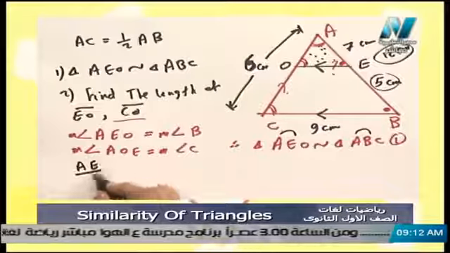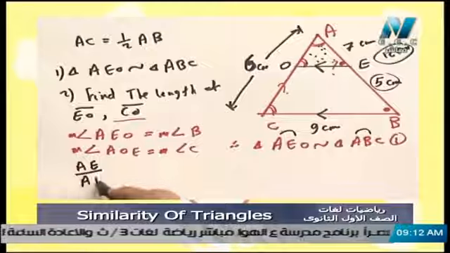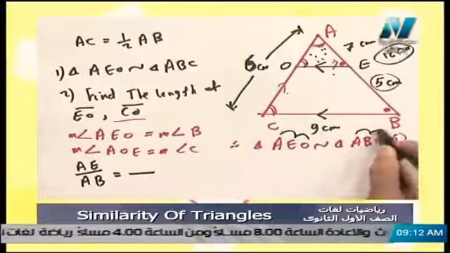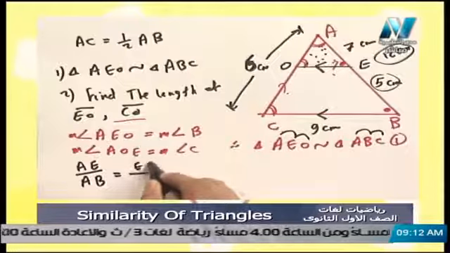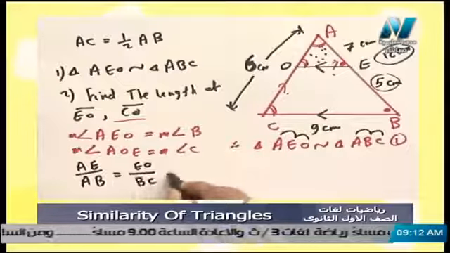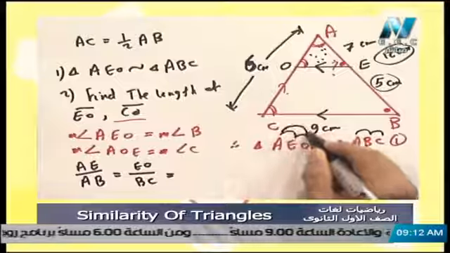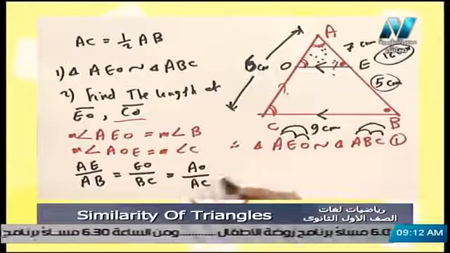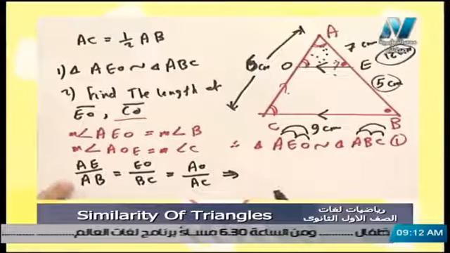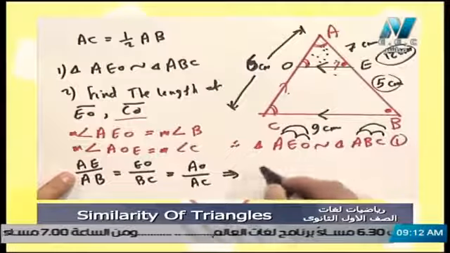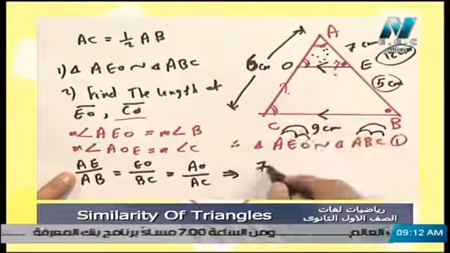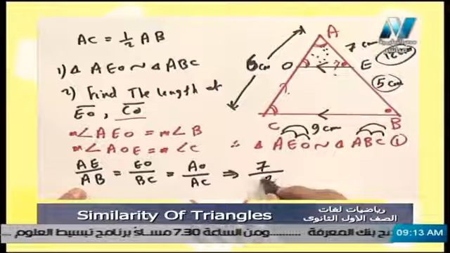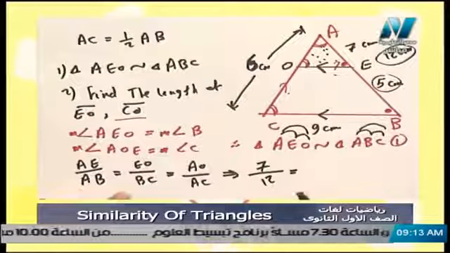From similarity, AE over AB equals EO over BC equals AO over AC. Put the length. Where is AE? AE here is 7 over AB, which is 12, equals EO.